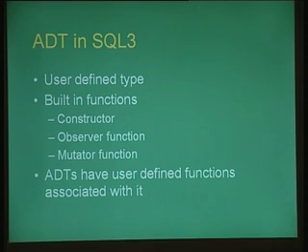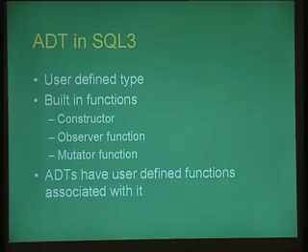That is, you can define a struct comprising different tuples and nested ADTs, and then use that as a composite data object representing a type comprising different attributes and so on. And an ADT comes with built-in functions like the constructor function, wherein you can initialize and instantiate the ADT.